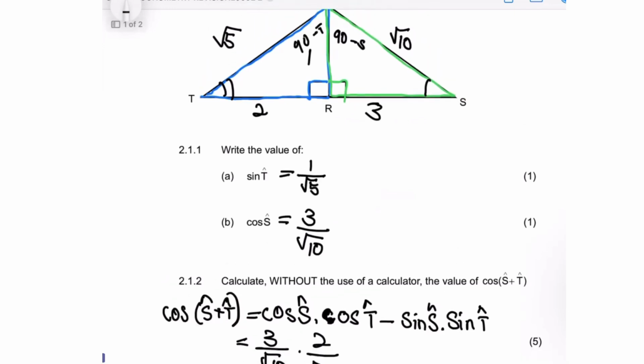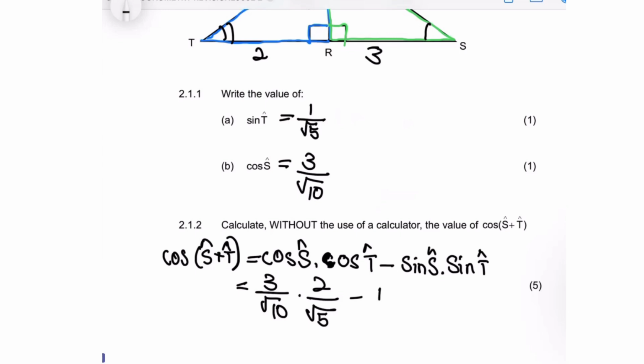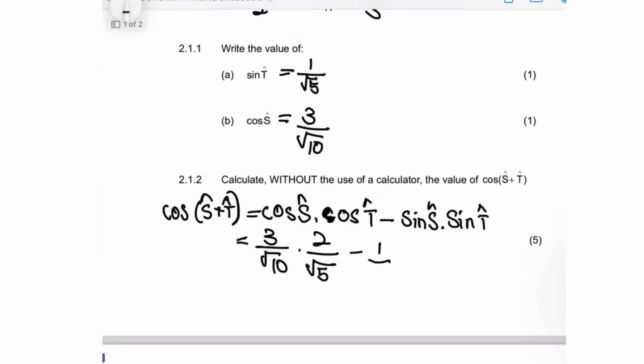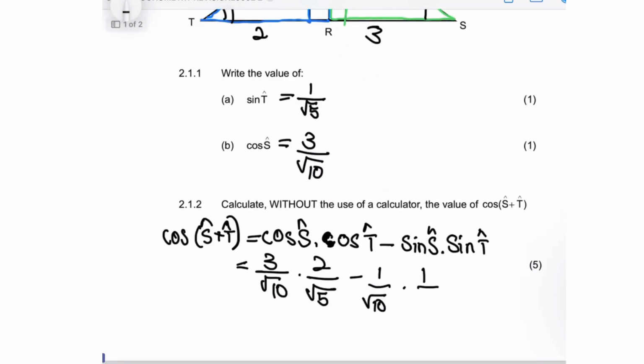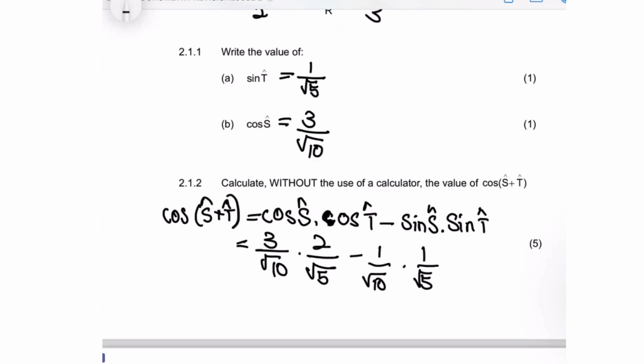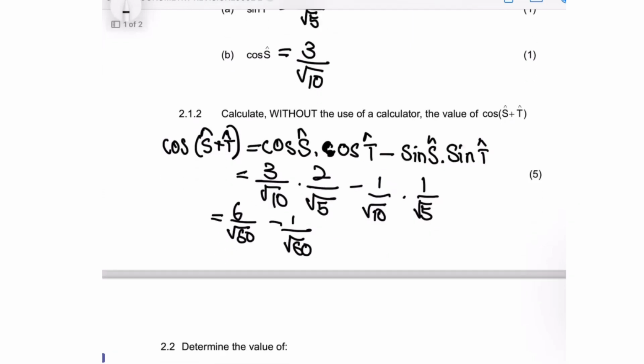And then sin s is equal to 1 over square root of 10 times sin t, which is 1 over square root of 5. So what you then get is 6 over square root of 50 minus 1 over square root of 50, which gives you 5 over square root of 50.